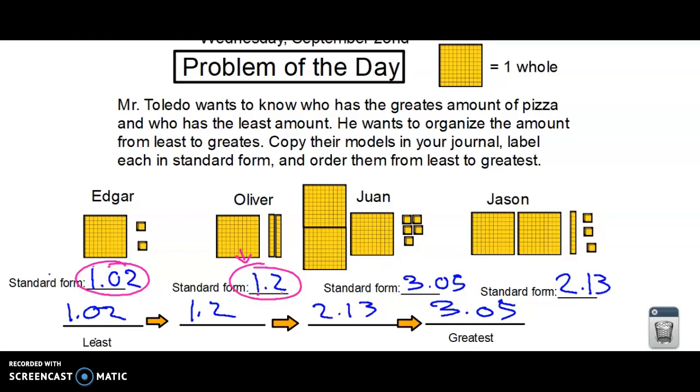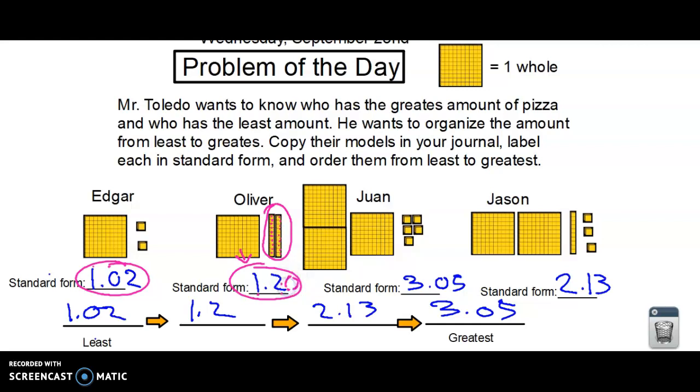So what that means is for Oliver, even though it's actually not there, you have to understand that 2/10, meaning 2/10 rods, is actually the equivalent of 1, 2, 3, 4, 5, 6, 7, 8, 9, 10, 11, 12, 13, 14, 15, 16, 17, 18, 19, 20. So 2/10 is the exact same thing as 20.